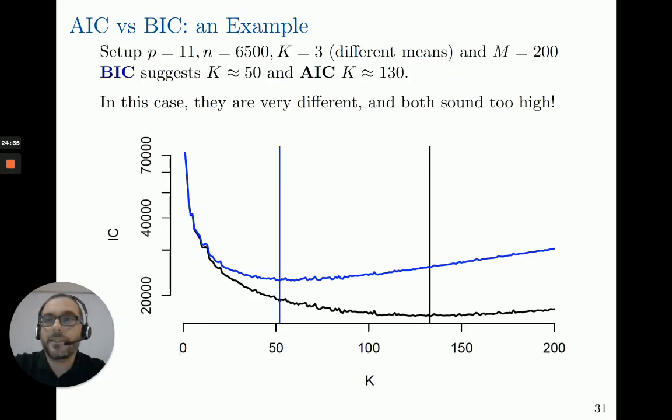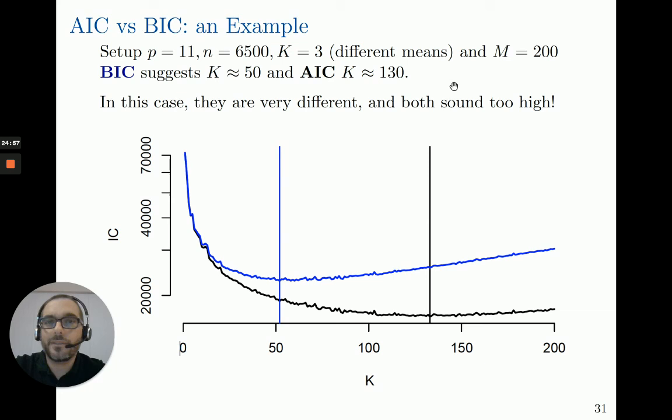So, BIC versus AIC. Here we have P attributes, 6,500 observations, 3 clusters, and M equal to 200, like the maximum. BIC would suggest 50 and AIC would suggest 130.